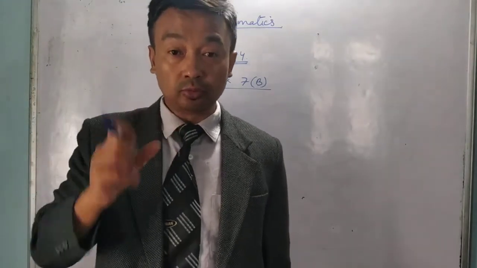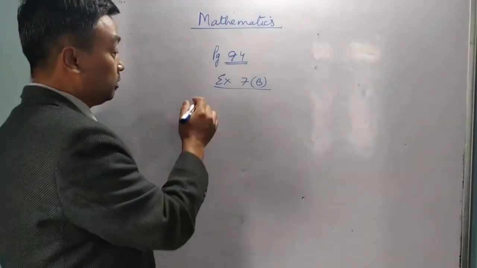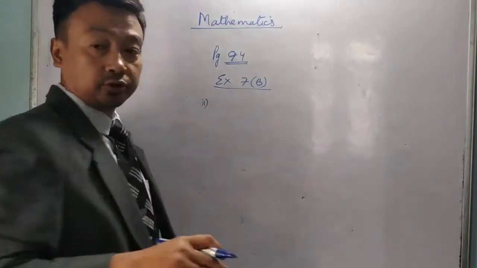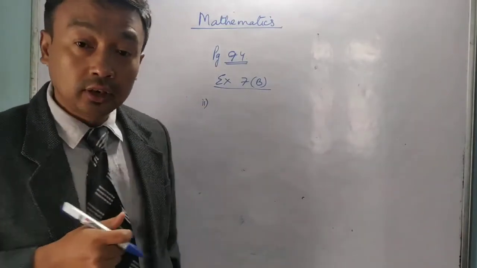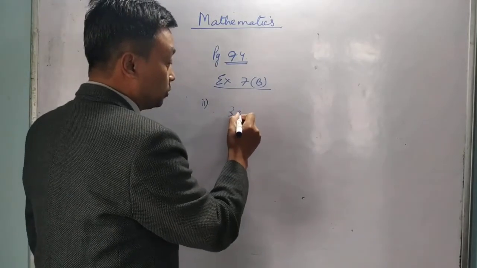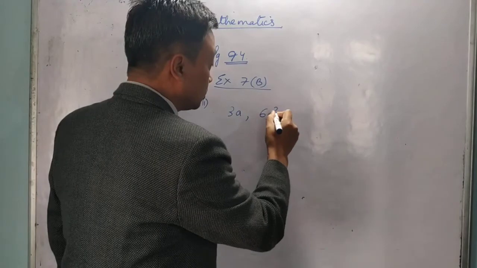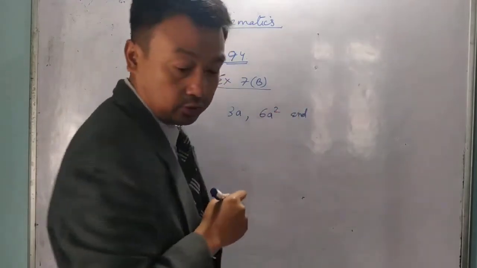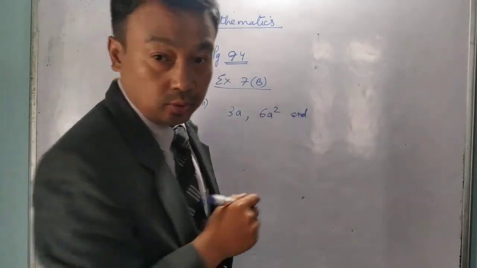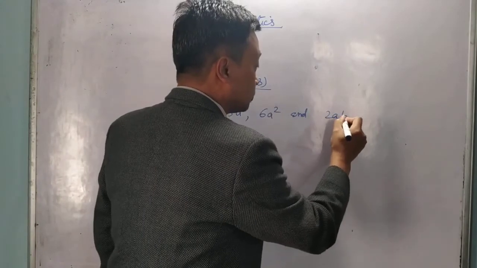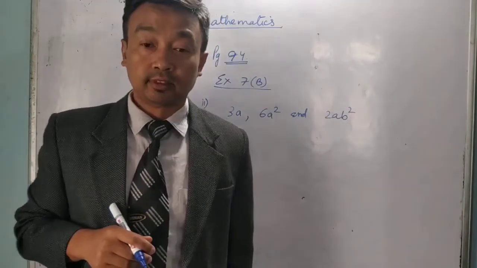Okay, and I will take the second question, which is given like this. Find the fourth proportion of 3a, 6a square and 2ab square.